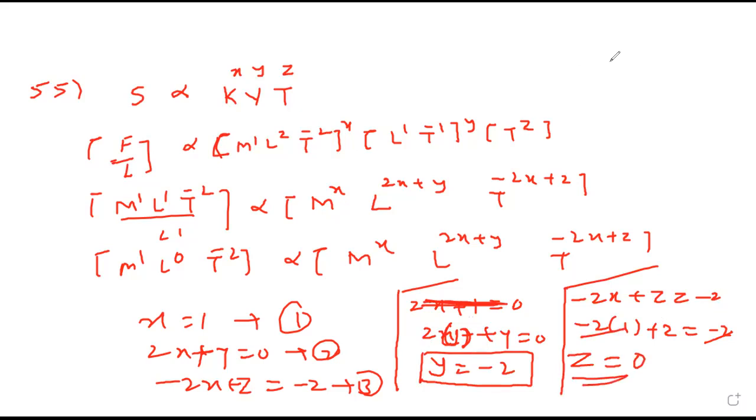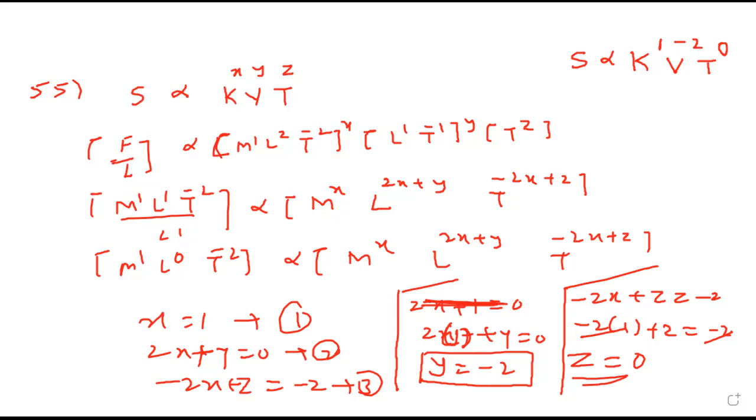Therefore, the dimension of S will be K raised to x, which is 1, V raised to y, that is minus 2, T raised to 0. Check, do we have this? K1, V minus 2, T0.